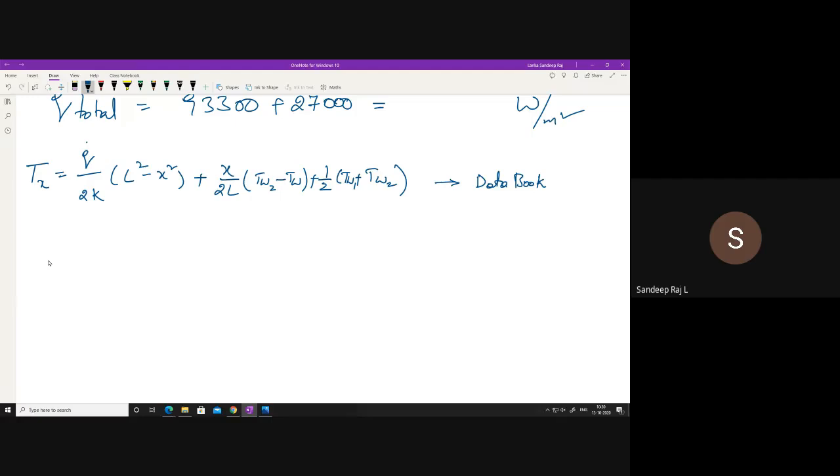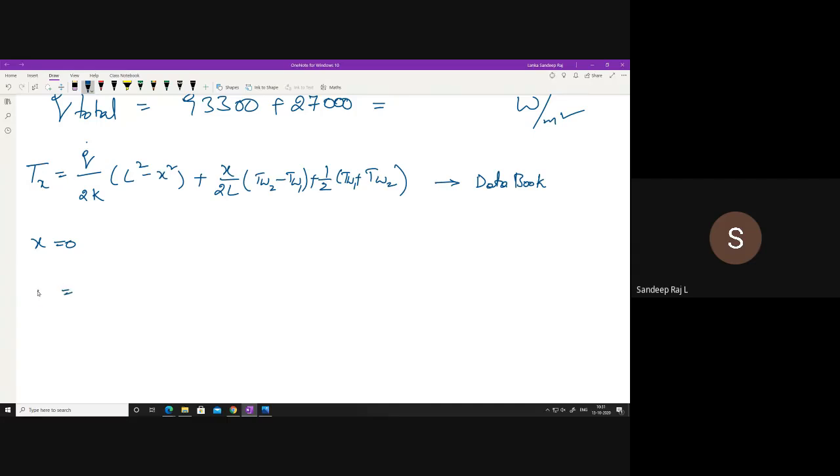So what is x here? X is equal to 0 because you want it at the center plane. You know everything else actually.